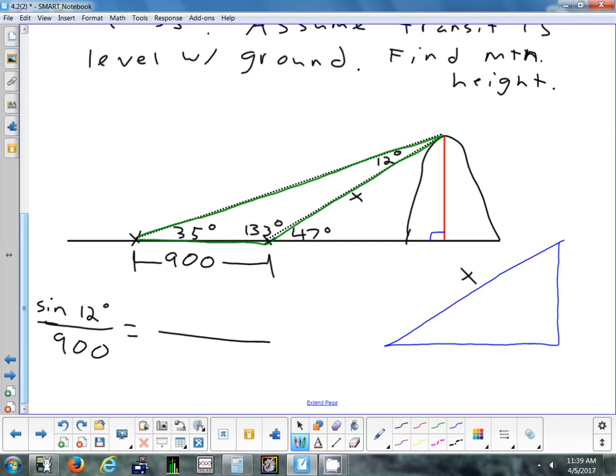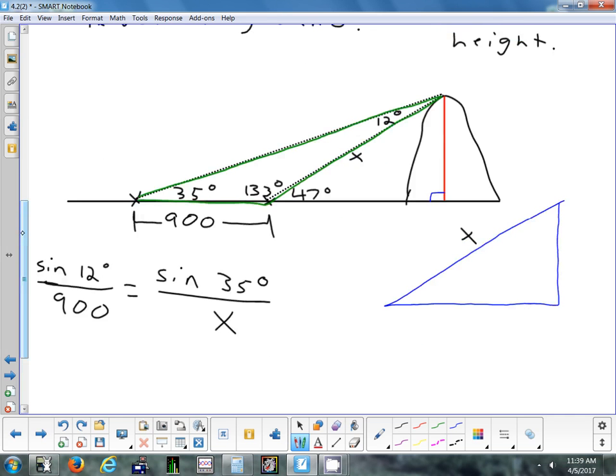Sine of an angle, divide by what's across from it, equals sine of another angle, divided by what's across from that. So if you want to find x, what angle would you use? 35. Sine of an angle, divide by what's across from it, equals sine of an angle, divide by what's across from it. And then we can find x.